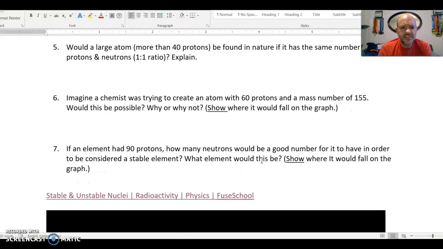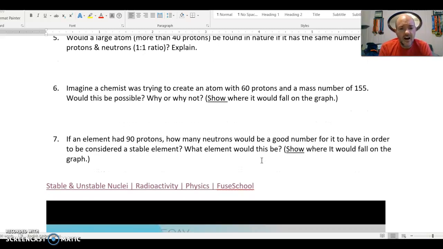All right. And then for 6 and 7, you're looking at it and thinking about it again. So here's the one thing I will ask you to remember: think about the difference between mass number and neutrons. So if you have 60 protons and a mass number of 155, think about how many neutrons it would have, and then try and plot it on the graph and see what would happen.